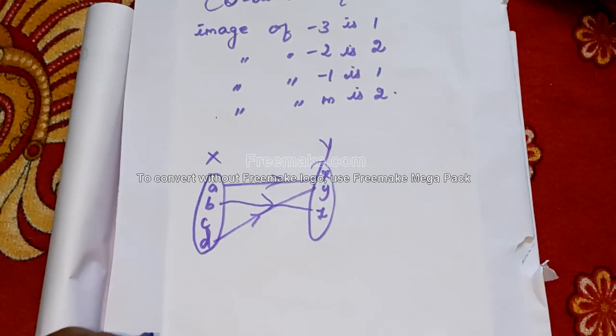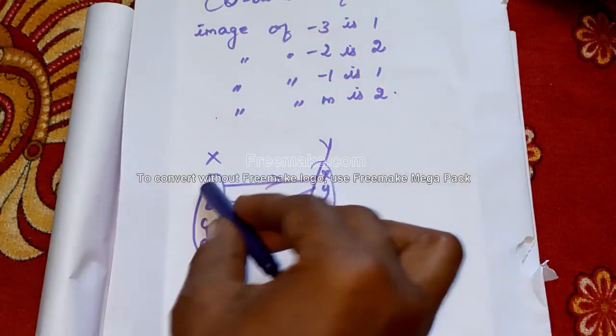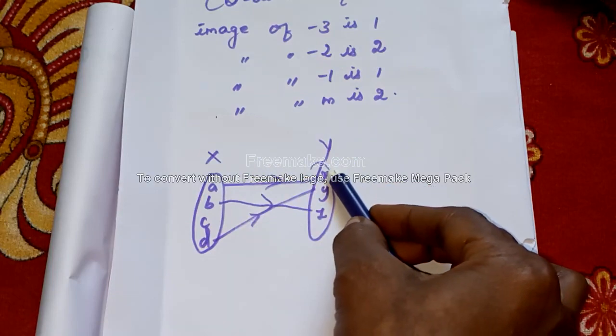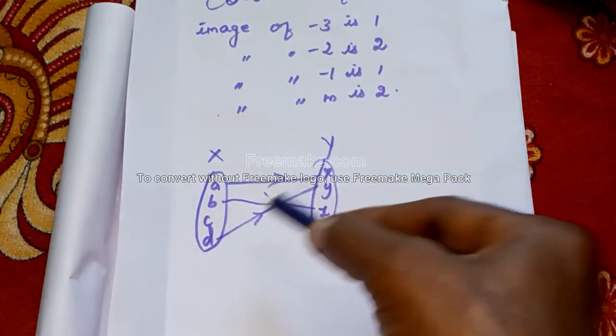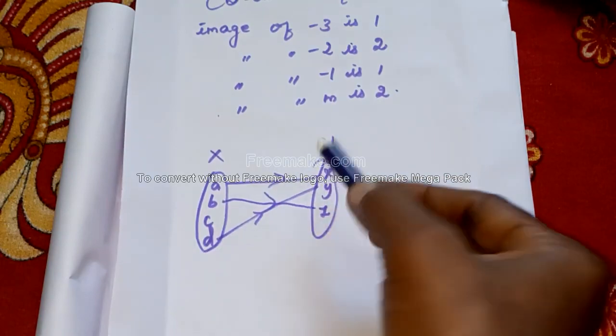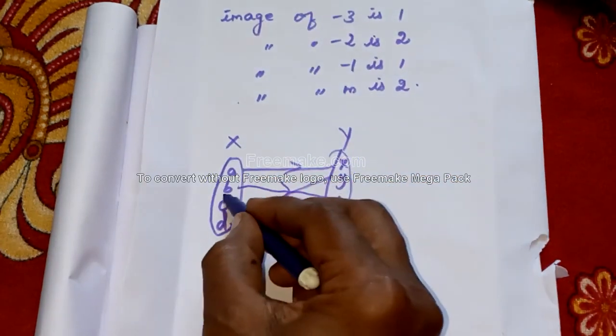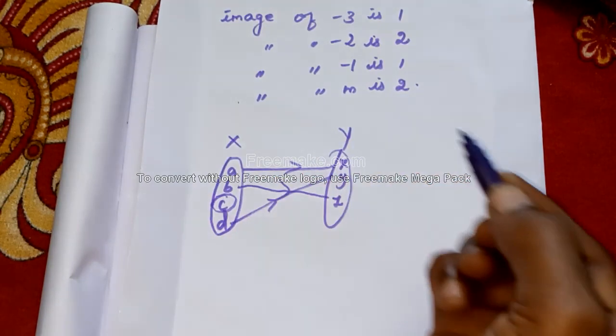Why it is not a function? Listen. What is the image of x? Image of a, x. Image of b, z. Image of d, y. c does not have an image.